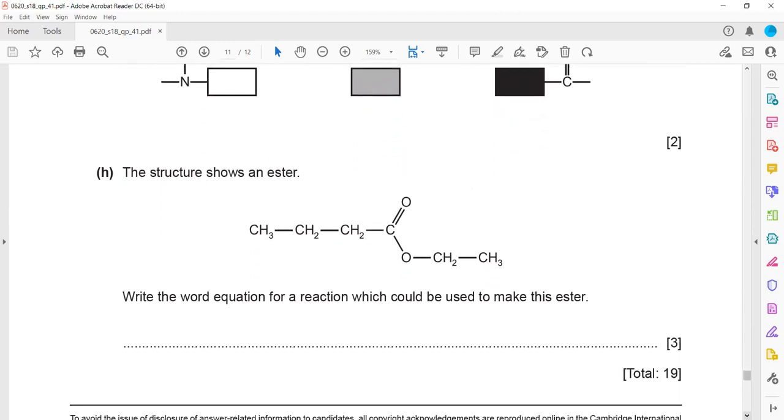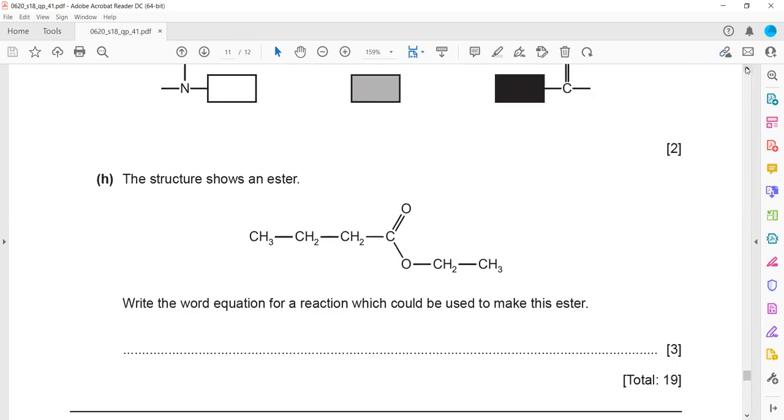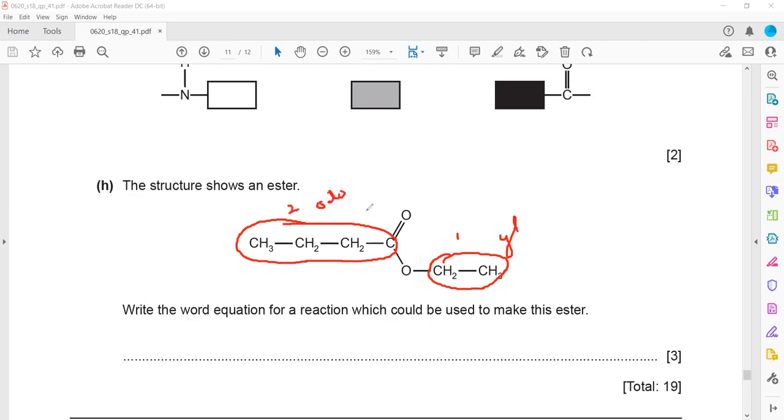The structure shows an ester. Write a word equation. So how to write a word equation for an ester? First, you have to name this ester. The part which is attached to oxygen, we name first, and that always ends with yl, and the part which is attached to C double bonded with O, we name second, and that always ends with oate.